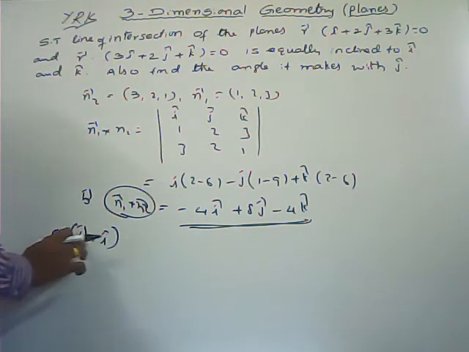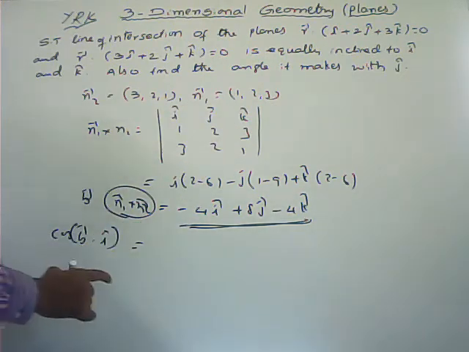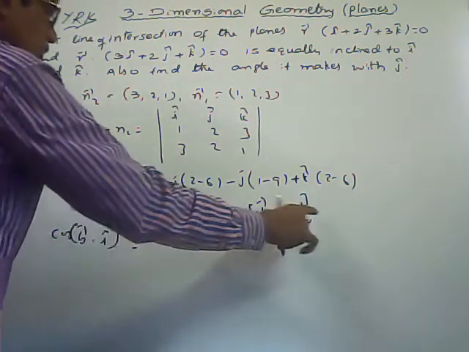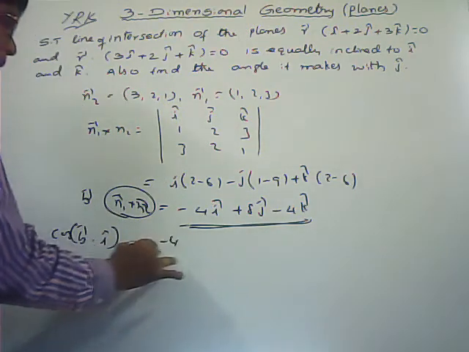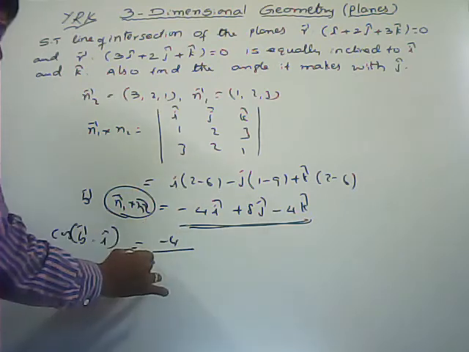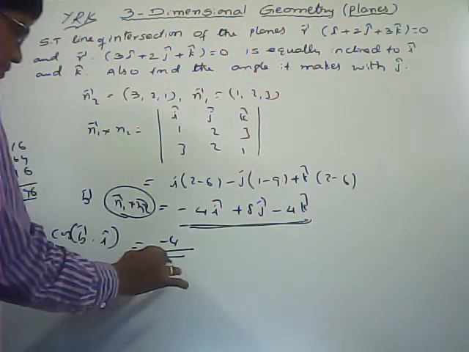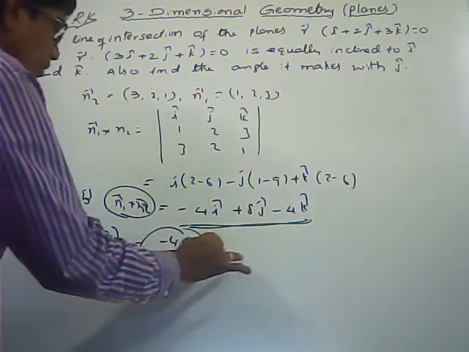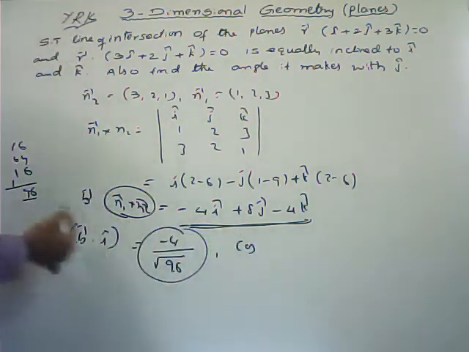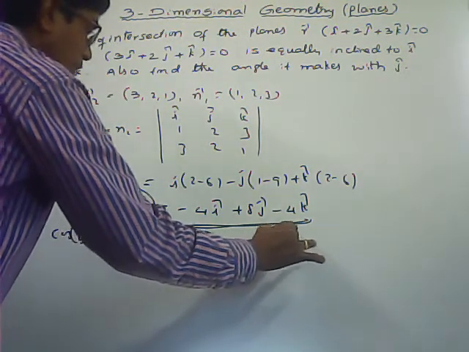Now finding the angle between this and i cap: the dot product with i cap is minus 4, upon modulus of b bar. Modulus of b bar is root of 16 plus 64 plus 16, that is root 96. And the modulus of i cap is 1 only.